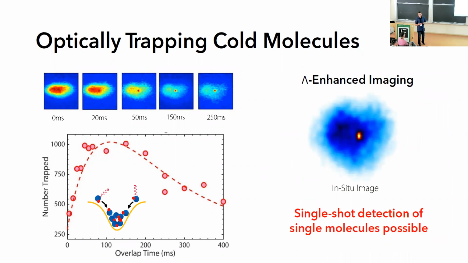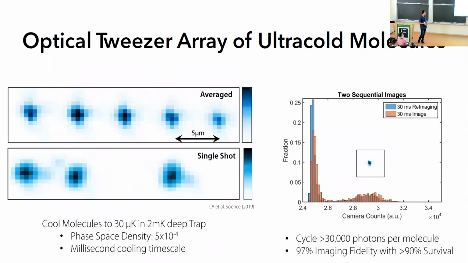Because we can actively cool the molecules in the presence of this dipole trapping light, it means we can also actively image these molecules by simply capturing the fluorescence from these cooled molecules. So in a sense, we now have everything we need for single-shot detection of single molecules. Now that we've achieved this, the next thing we moved on to is loading these molecules into optical tweezer arrays.